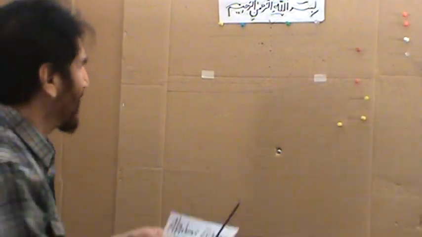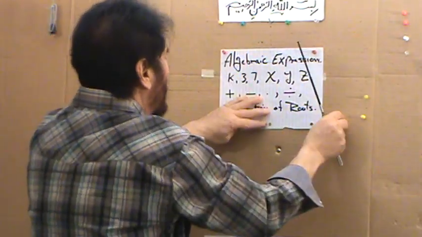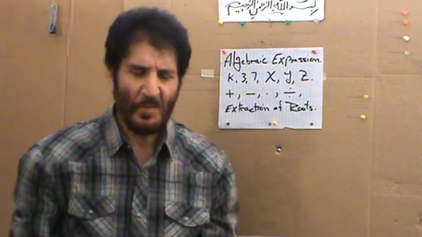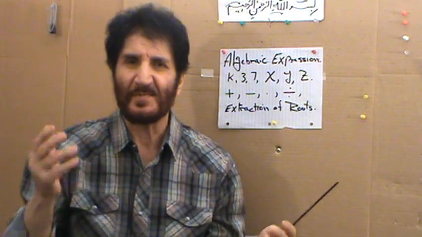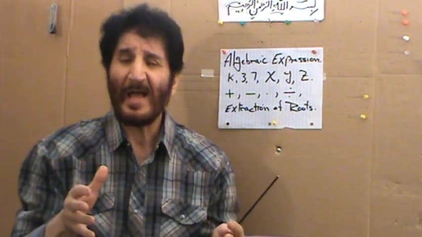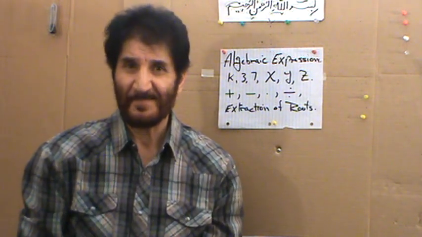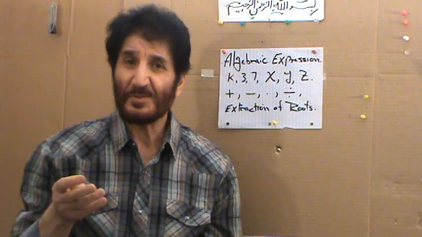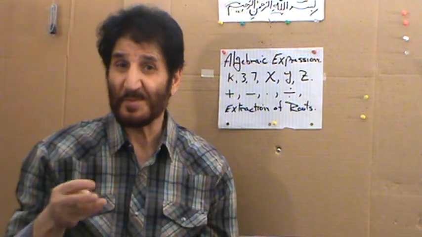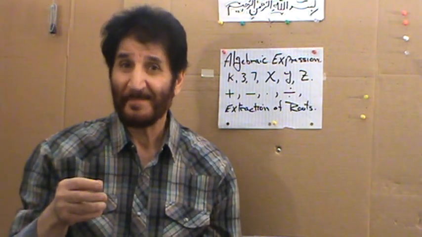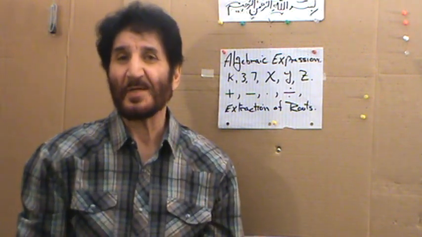An algebraic expression is this, if you'd like to take notes: if you have a bunch of loose constant numbers, let's say 1, 2, 3, 7, 15, pi, whatever, and a bunch of variables, and you glue them together using addition, subtraction, multiplication, division, and extraction of roots, which means raising to a fractional power, the expression that you get by doing that is called an algebraic expression.